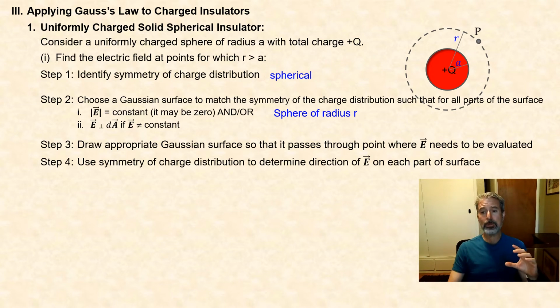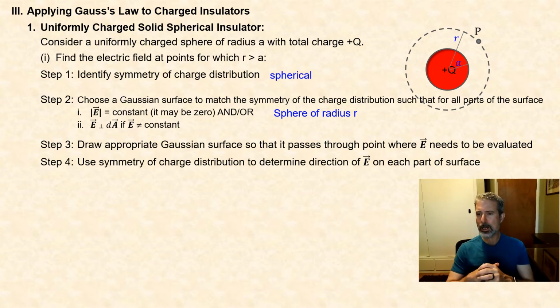For a sphere, and this is where hopefully this concept of symmetry makes sense to you, spherical symmetry suggests that there can be no angular dependence to the field. The field can get weaker with distance. It can depend upon the radius, or the distance you are from the center of the charge distribution.